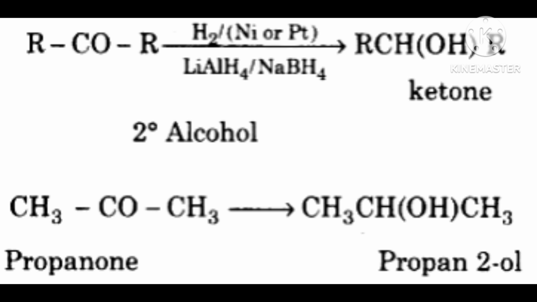Okay. Or you can understand this also, that when one RCOOH is there, one oxygen can be removed. You can understand in this way also, that 2 hydrogens are there, H2, and 1 oxygen, CO. Any one oxygen will be removed, because H2 plus O will form H2O.